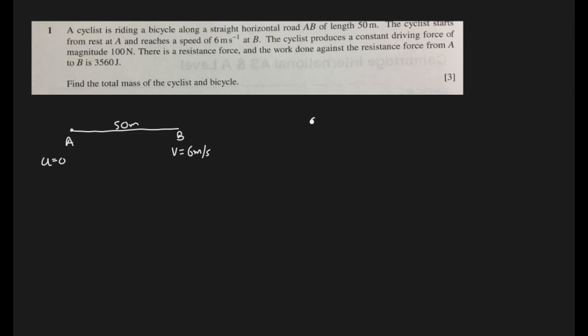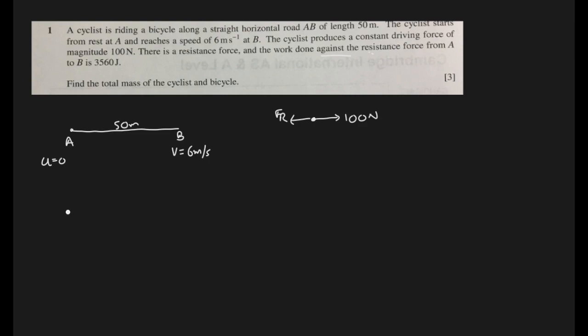So if I draw a free body diagram, the forward force, which is also called applied force, is 100 newtons. There is a resistive force, let's call it Fr, in the opposite direction. The work done against the resistance force from A to B is 3560.